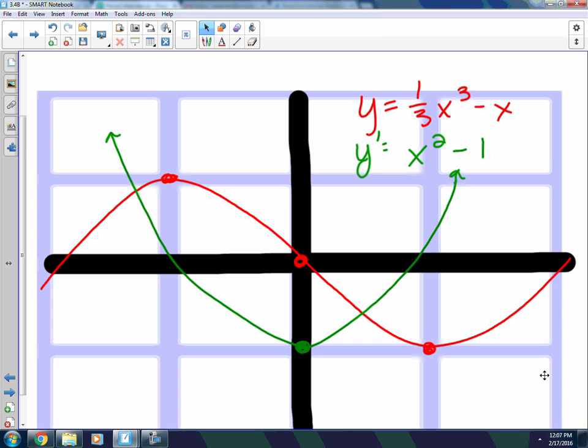This is y equals 1/3 x cubed minus x. Okay, now, let's think back to your first derivative test back in section 3.3. It told you about when the original was increasing or decreasing. Okay, so let's look at the green graph. The green graph is your derivative. This whole part of the green graph is positive, and by that I mean that it's above the x-axis.